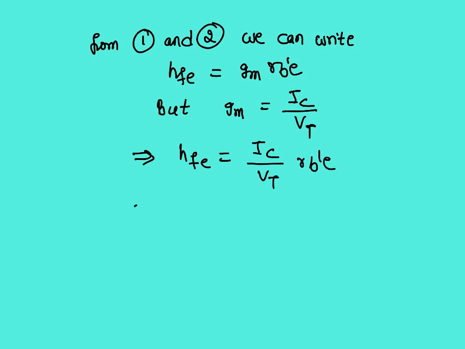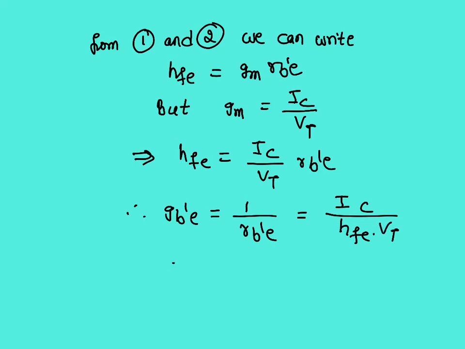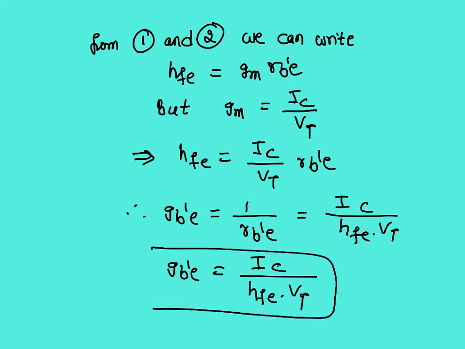From this relation, gb'e can be written as 1 by rb'e, which is equal to IC by hfe VT. So this is the final expression for gb'e, the input conductance.